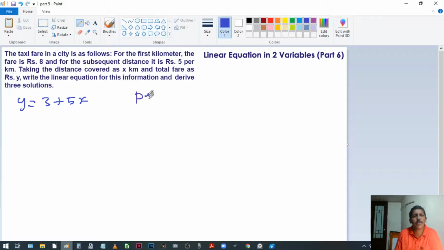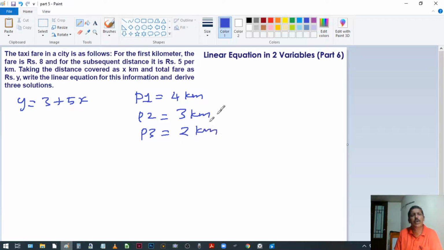Suppose passenger number 1 traveled for 4 kilometers, passenger number 2 traveled for 3 kilometers, and passenger number 3 traveled for 2 kilometers. Now what is the total fare? How much do they have to pay? How to find this out? We can use this formula.